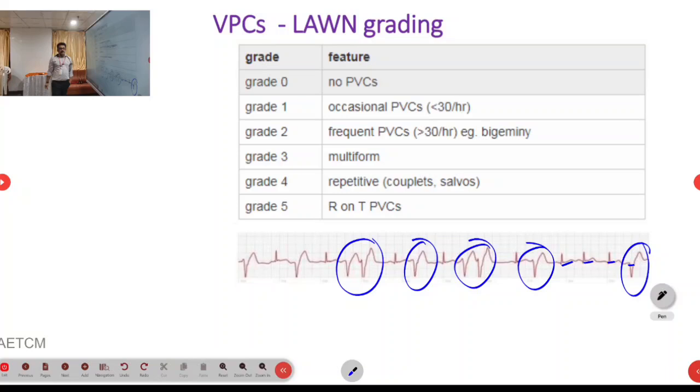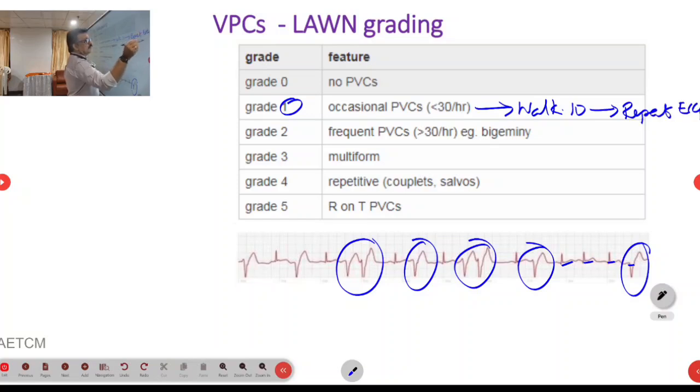Suppose you see a patient in your OPD who has infrequent ectopics, a very rare number of ectopics, a grade 1 ectopic. What you do is ask the patient to walk for 10 or 15 minutes and repeat the ECG. If it is a pathologically significant ectopic, the number will increase.